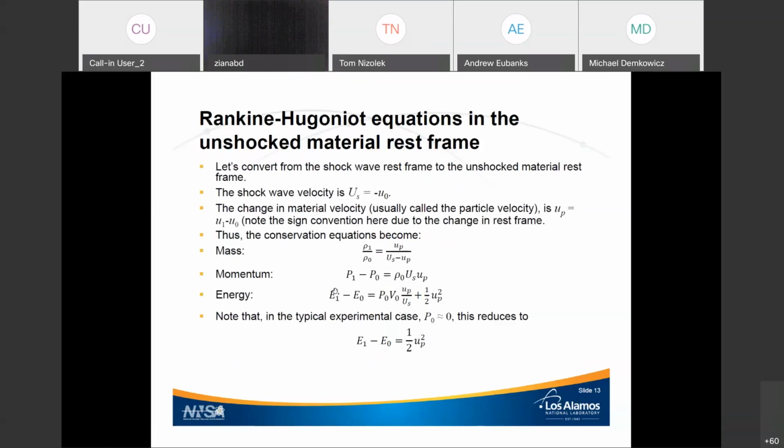This is particularly convenient in experiments where usually the pressures are roughly zero, in many cases quite close to zero, because often the experiments are done with the sample in a vacuum chamber just because of practical considerations. In this case, the internal energy simply becomes 1/2 UP squared.